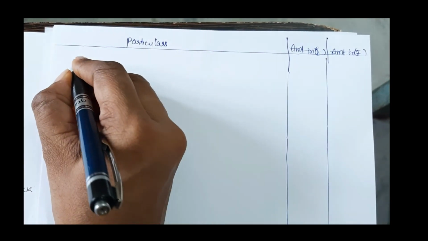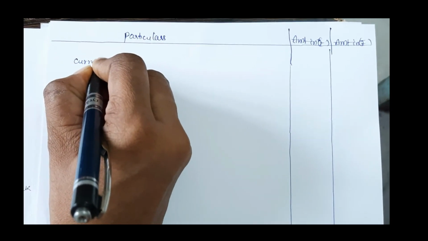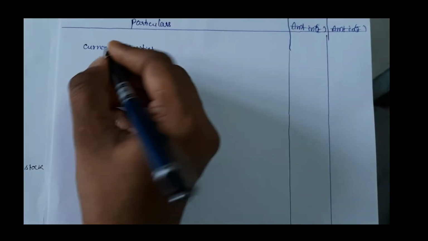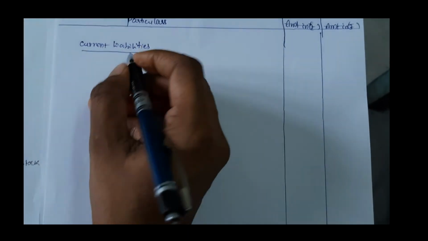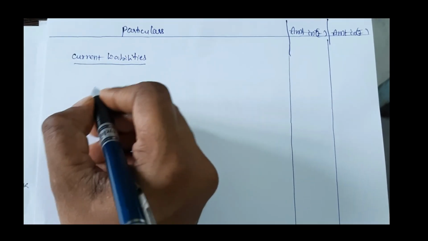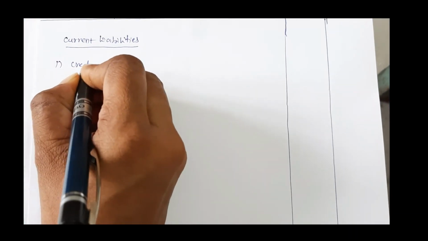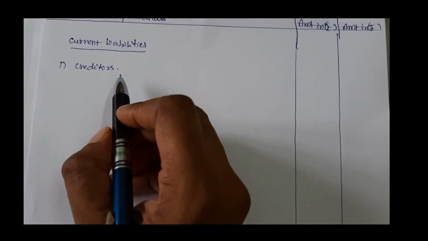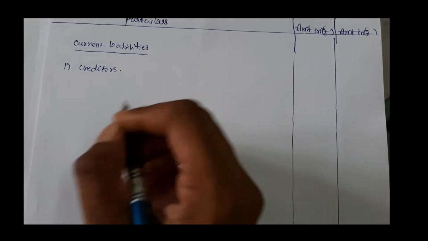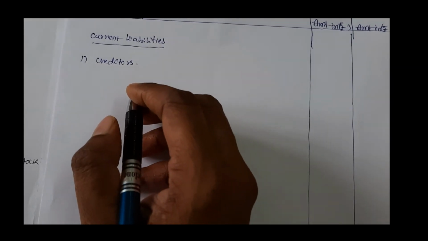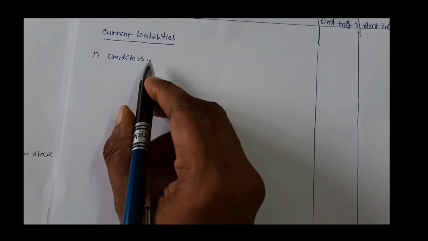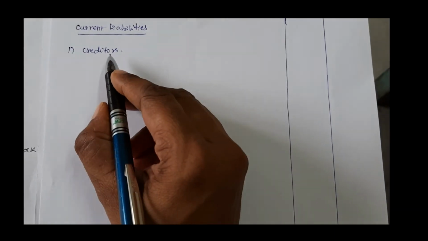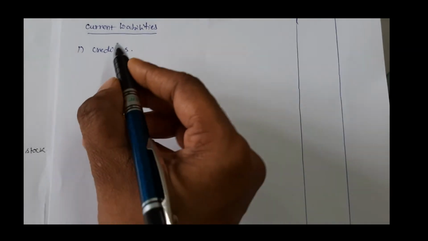Now we will see the estimation of current liabilities. These current liabilities include, first of all, creditors. And creditors are created when you make any purchases on credit basis. So if we consider we bought raw material on credit basis, then the value of raw material will be the base for the calculation of creditors.